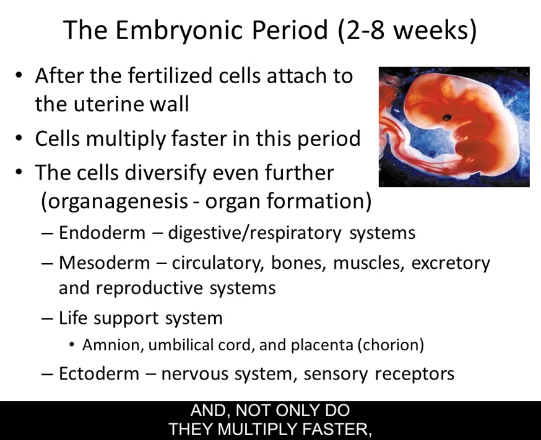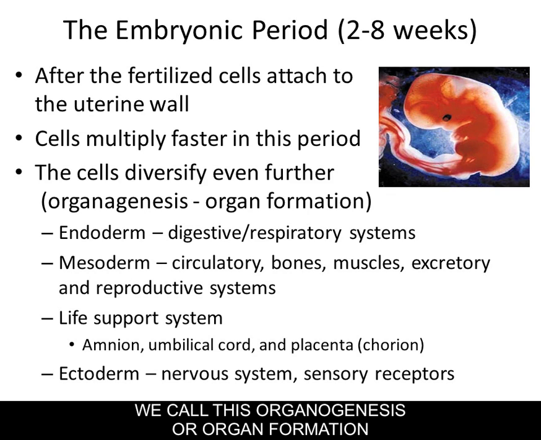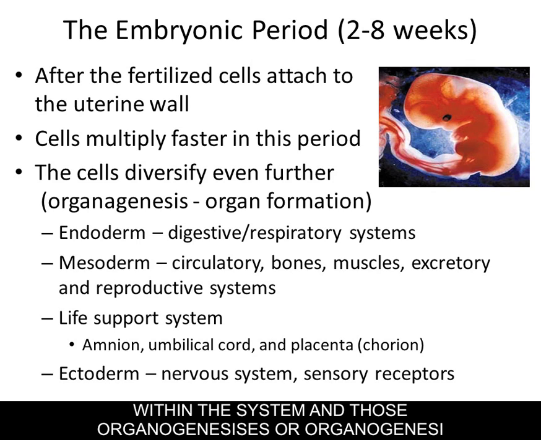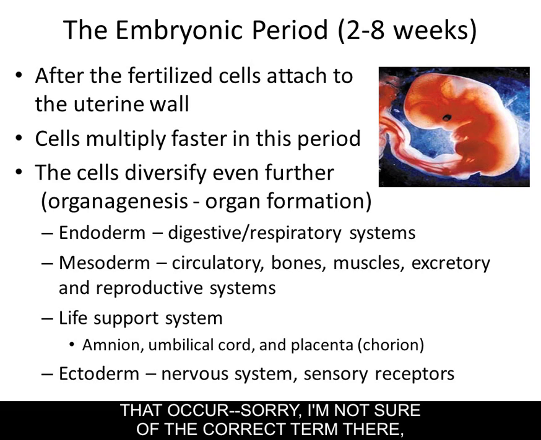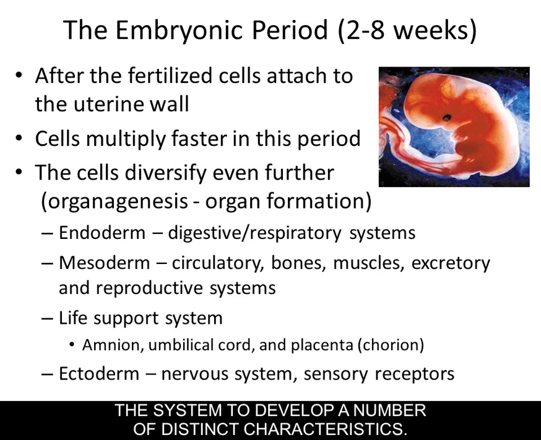And not only do they multiply faster, but they start to create very specific cells. We call this organogenesis, or organ formation within the system. Those developments actually allow the system to develop a number of distinct characteristics.